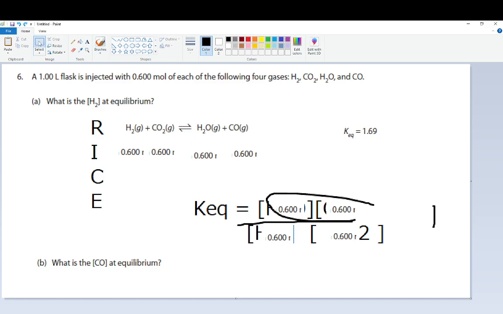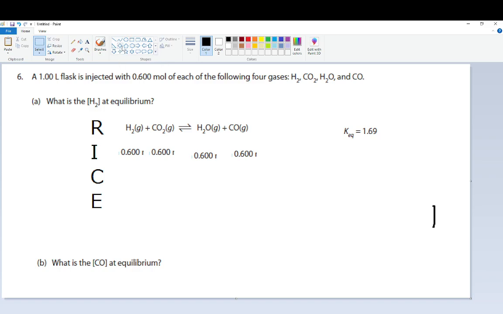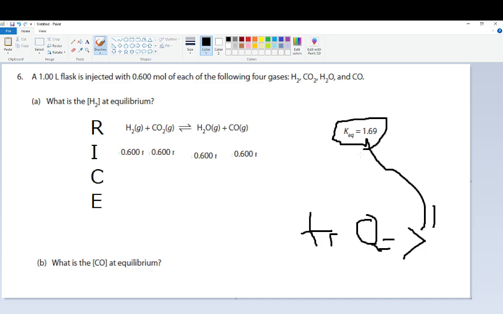Rice table, I know that my products must get bigger for my KEQ to get bigger. So essentially, when your trial KEQ, which is called a Q, comes out as smaller than your actual KEQ, products must go up. When your trial Q ends up bigger than your actual KEQ, reactants must go up.